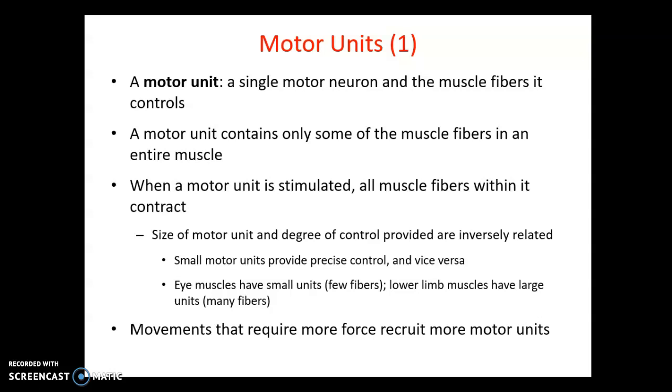Eye muscles have small units, and lower limb muscles have large units, right? So the tinier the muscles that you have, the more control. It's like in our hands too. We have these really small muscles for coordination of each finger.